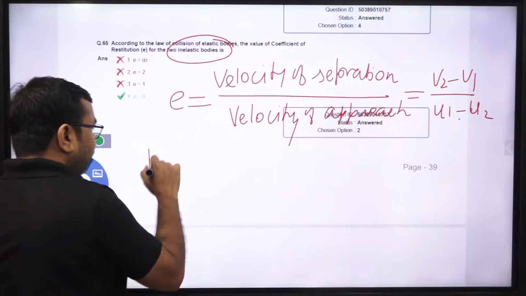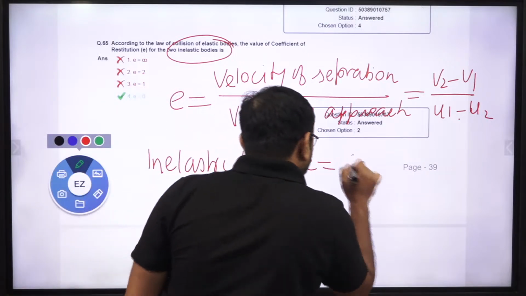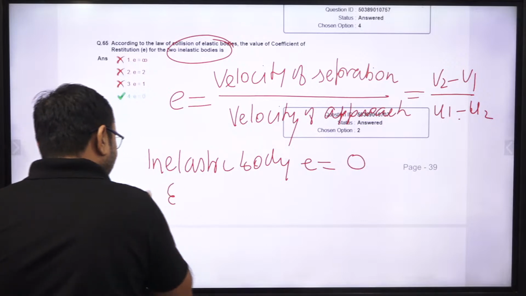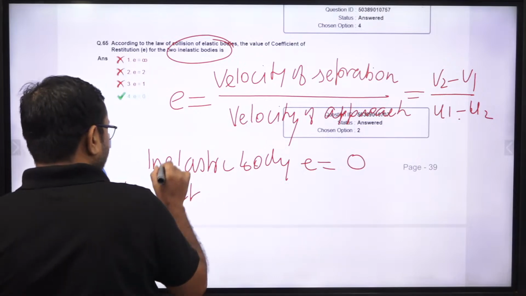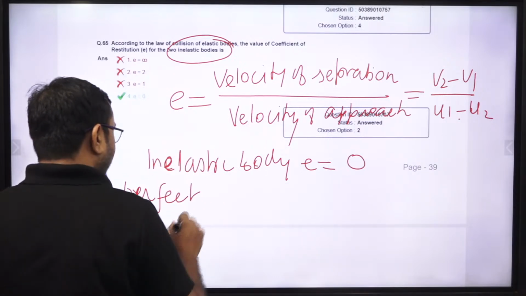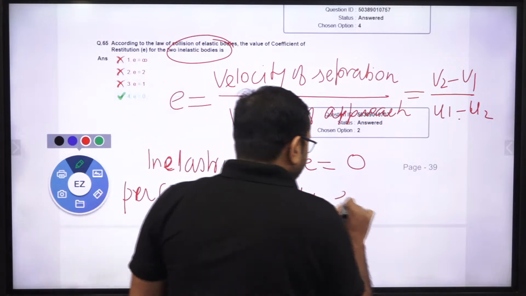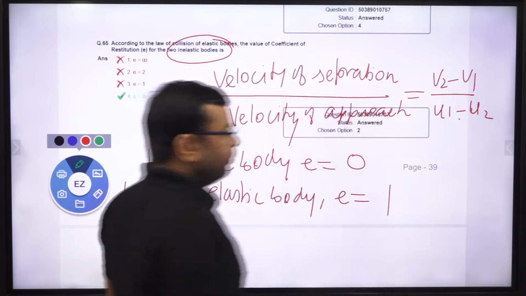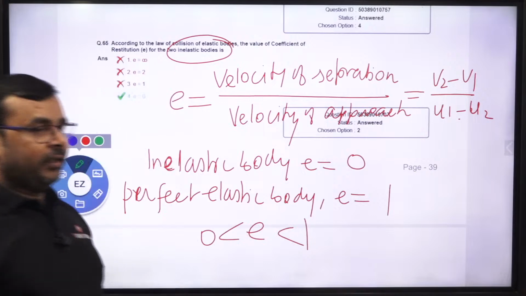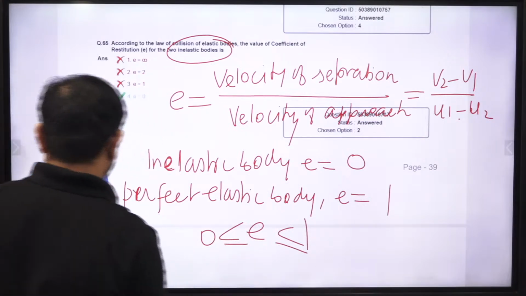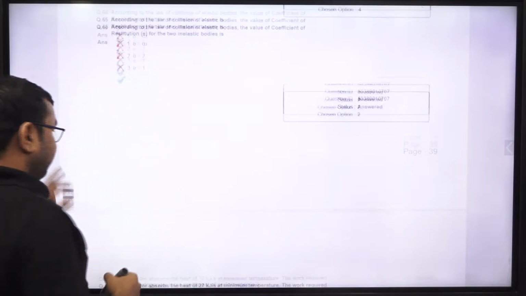And for an inelastic body we have E equal to 0, and for a perfectly elastic body we have E equal to 1. And remember, the value of coefficient of restitution always varies from 0 to 1. Is it clear? So the correct answer is 0 for inelastic body. Okay.